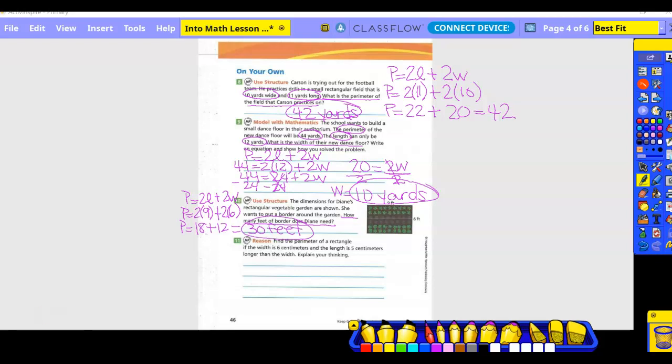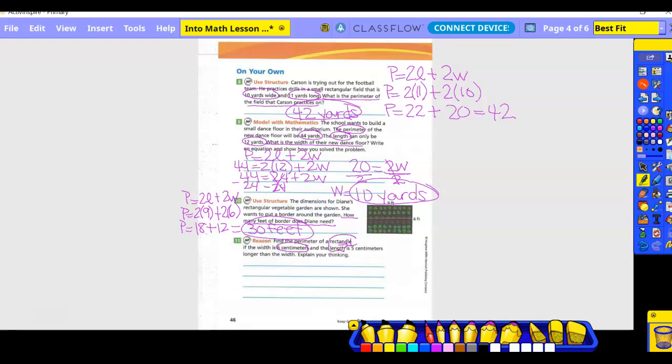Find the perimeter of a rectangle if the width is 6 centimeters and the length is 5 centimeters longer than the width. Okay, so our information is 6 centimeters, and the length is 5 centimeters longer than the width. So what is our length going to be? 11, right? So up here I'm going to put equals 11.